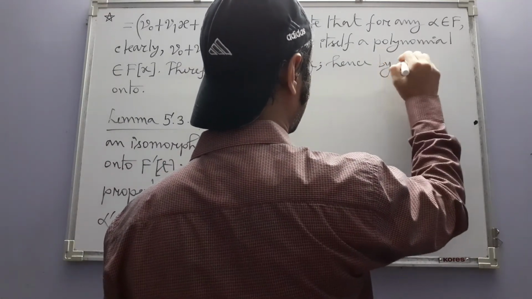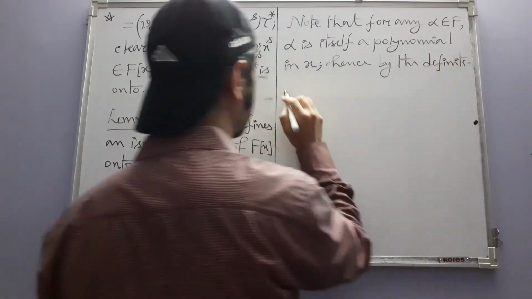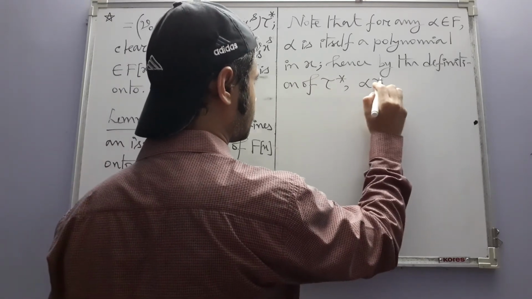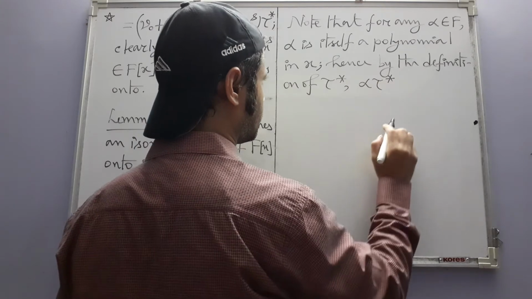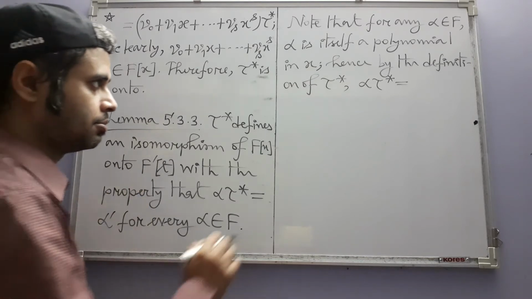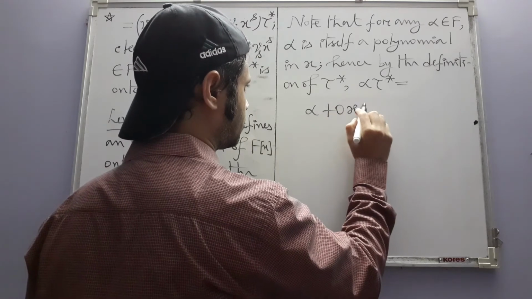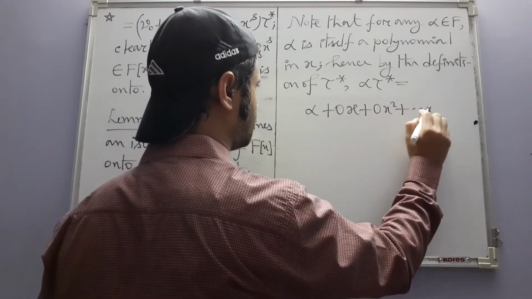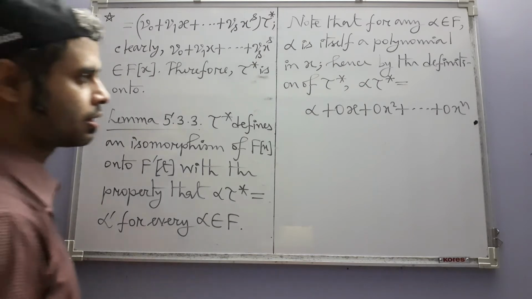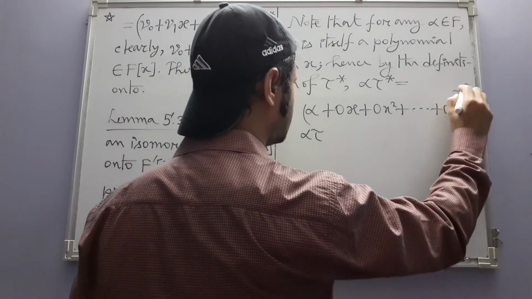Hence, by the definition of tau star, what is alpha tau star? Now, being a constant polynomial, alpha really looks like just this. So if you apply tau star on this, what will be the tau star image of this?